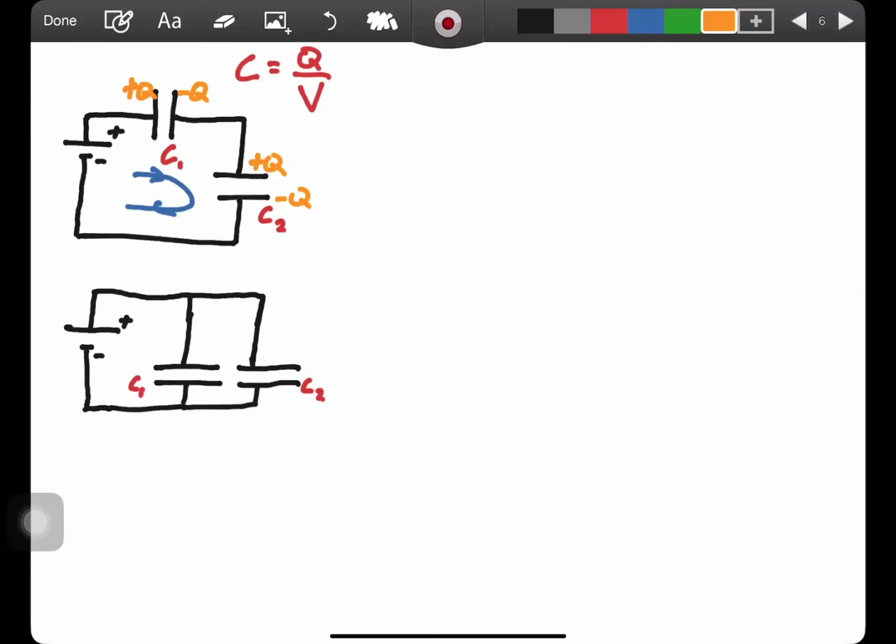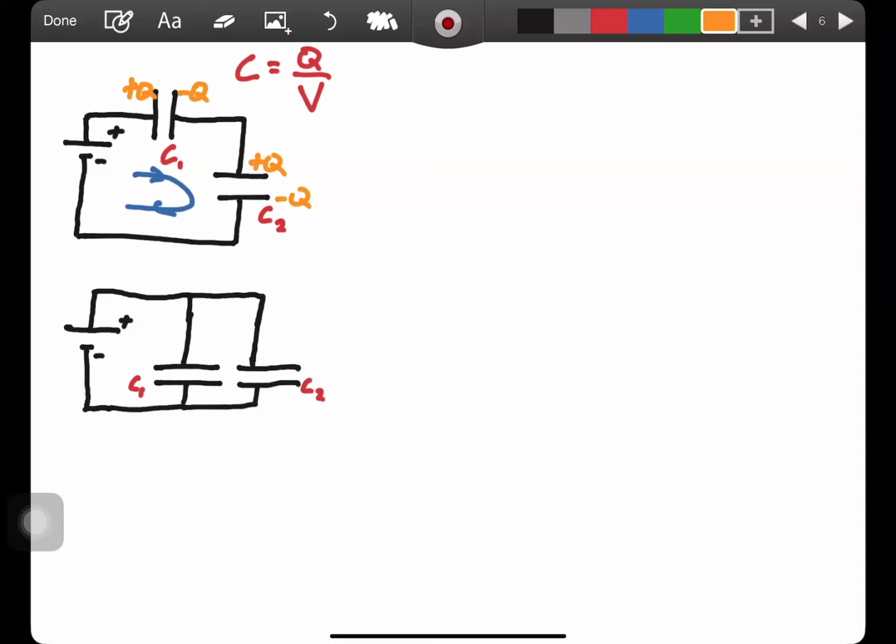So remember, we are in series. And so when you do a full loop of a circuit, that full loop has a potential difference that's precisely the potential difference that's supplied by the EMF, by the voltage source.